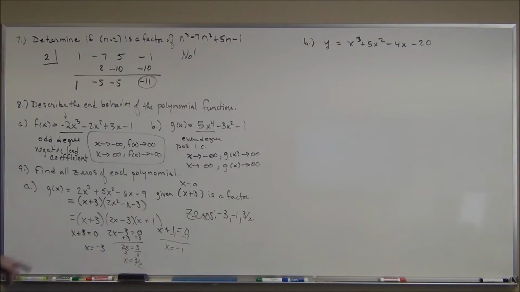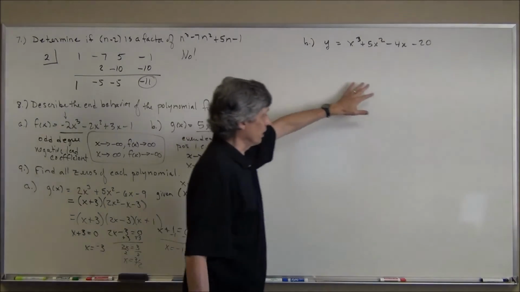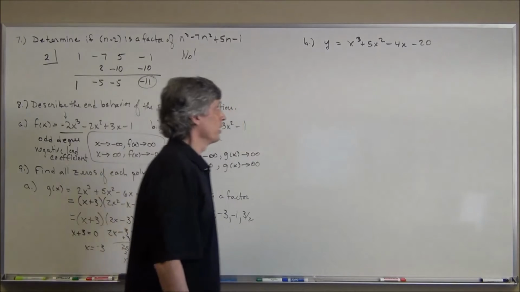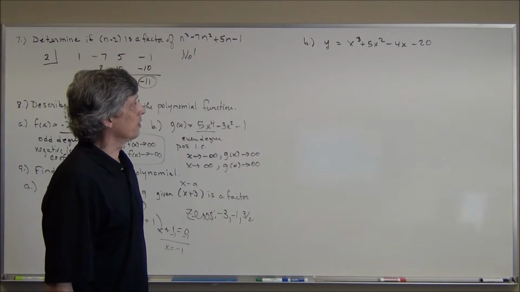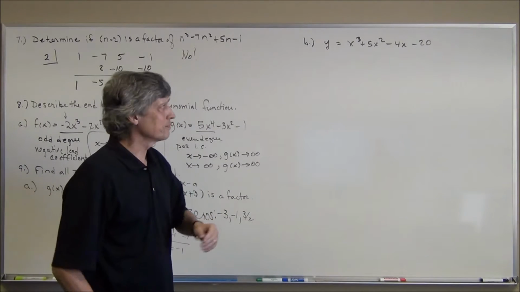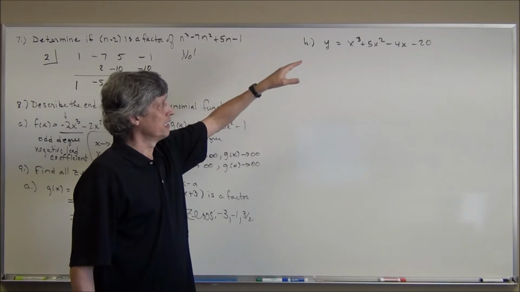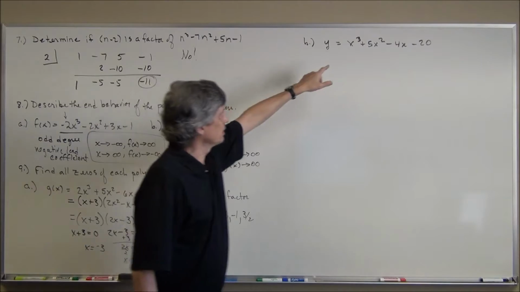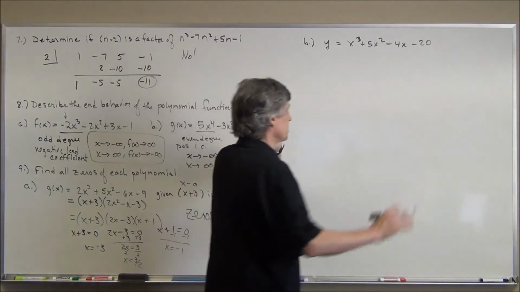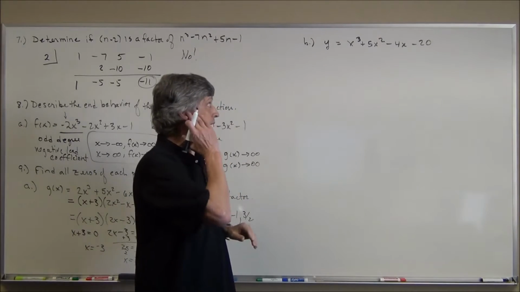Pretty cool. Over to here. Now I left all sorts of space here because they didn't give me a 0 or give me a factor of this polynomial. I'm going to have to use the rational root theorem. That's that P over Q thing, to see if I can luck into a factor here. Now it's x to the third plus 5x squared minus 4x minus 20, so I'm all set up for synthetic division, but what do I divide by?